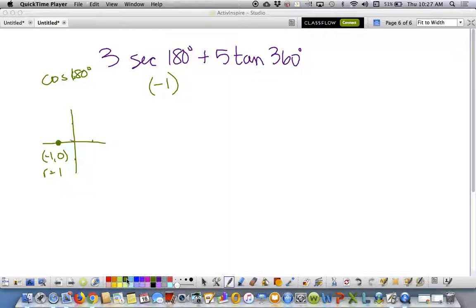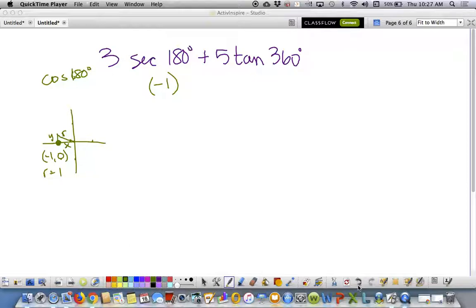So if you need to see a triangle, where x, y, and r. Your x is -1, your y is 0, and your r is 1. What is cosine of theta? X over r.